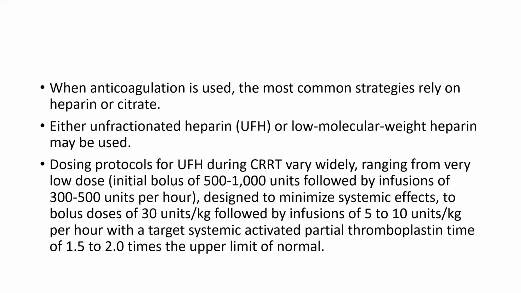Dosing protocols for unfractionated heparin during CRRT vary widely, ranging from very low dose, that is an initial bolus of 500 to 1000 units followed by an infusion of 300 to 500 units per hour, designed to minimize systemic effect, to a bolus dose of 30 units per kg followed by an infusion of 5 to 10 units per kg per hour, with a targeted systemic activated partial thromboplastin time of 1.5 to 2 times the upper limit of normal.